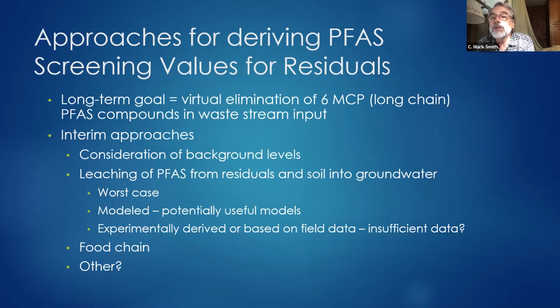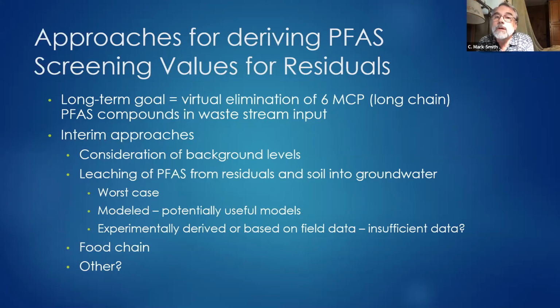The leaching approaches that certainly could be applied here involve potentially a worst case scenario where one just assumes all of the applied PFAS leach directly to the groundwater with little binding and little dilution. That's really worst case scenario.